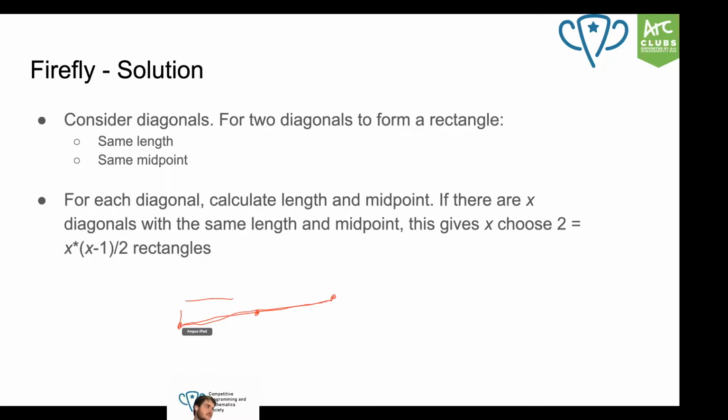Normally in problems, you want to avoid floating point numbers where possible. Because if you've done 1521, you would have learned that floating point numbers are not exact. And so leave distances as distance squared if you can, and they'll stay as integers. So calculate the length squared and also the midpoint. If you double the midpoint, it'll always be an int as well, because it might have a 0.5 in it. If you get the midpoint doubled, it'll be an int.